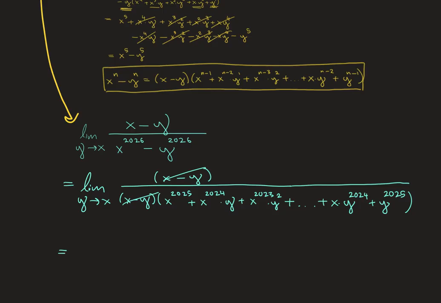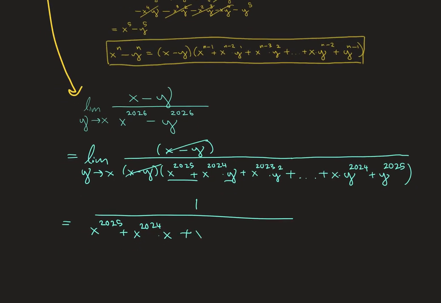This is equal to 1 divided by, this x to the 2025 stays the same. And then I will have an x to the 2024 times x, because y was just limited to x. And then plus x to the 2023 times, not y anymore, x squared, plus this process continues.